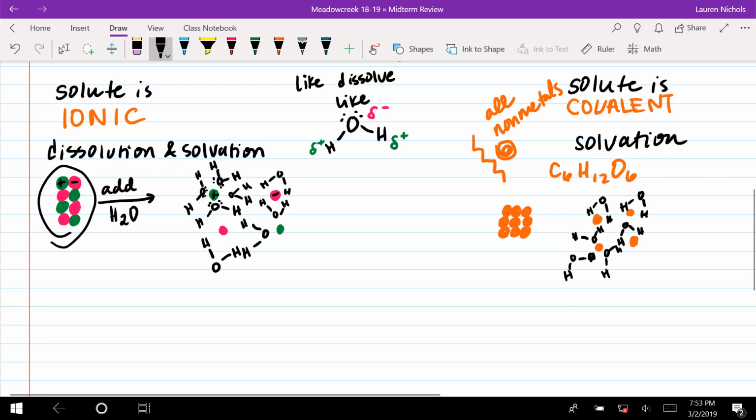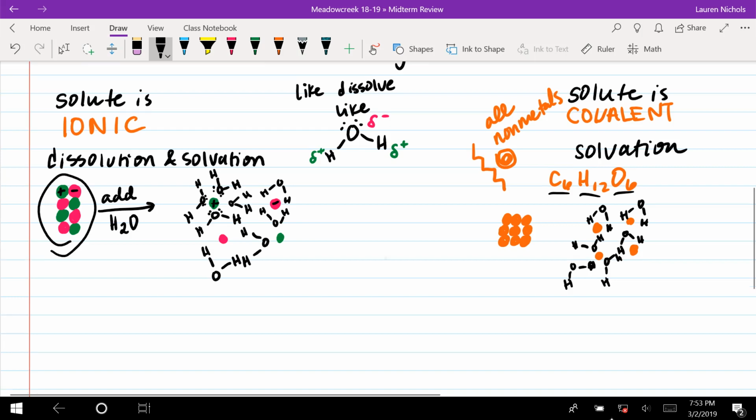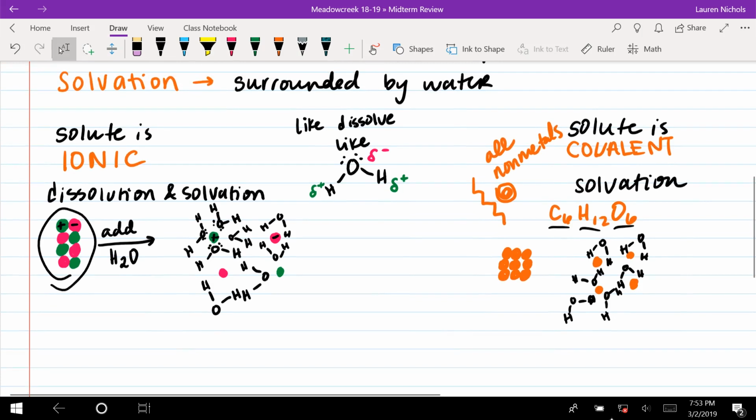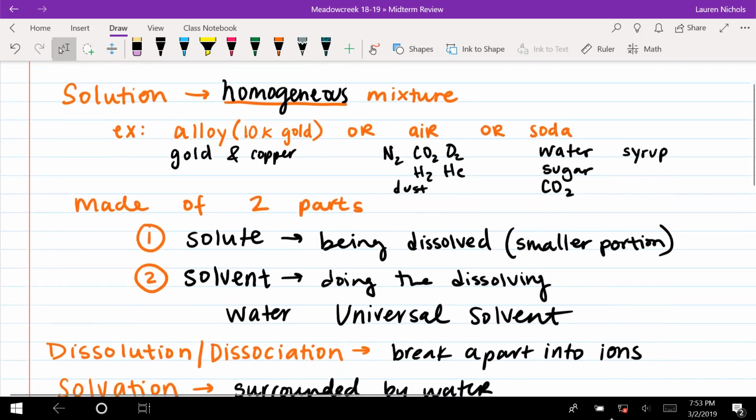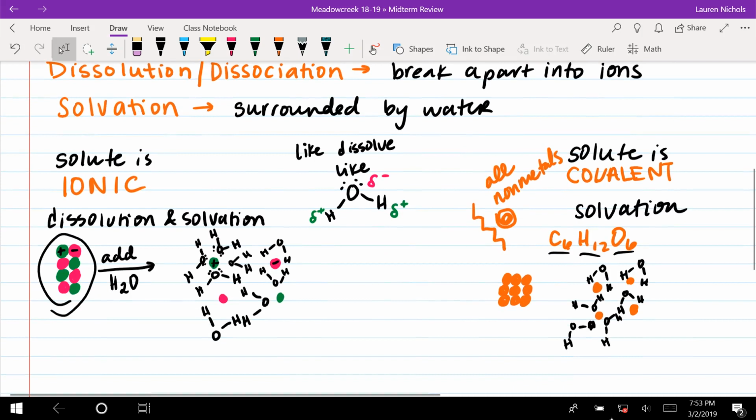Each of those orange circles is 6 carbons and 12 hydrogens and 6 oxygens, and the orange circles are not breaking up into their elements. Each individual molecule separates, but it itself does not break apart. So that is a summary of the parts and what it means to really dissolve. Stay tuned for the next Unit 9 video.